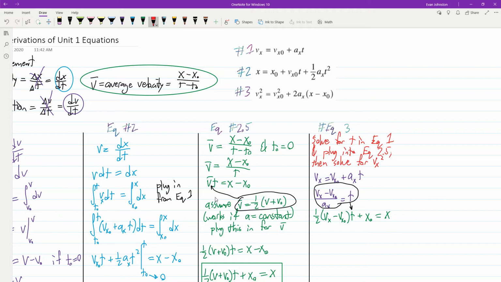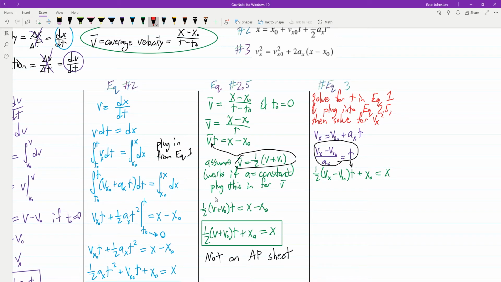So rewriting it, I now have 1/2 my final velocity, and this should be a plus, my bad, plus our initial velocity times, and here's where it gets a little sloppy, messy looking, our final velocity minus our initial velocity over a, plus our initial displacement equals our final. Yikes, what a mess, am I right?